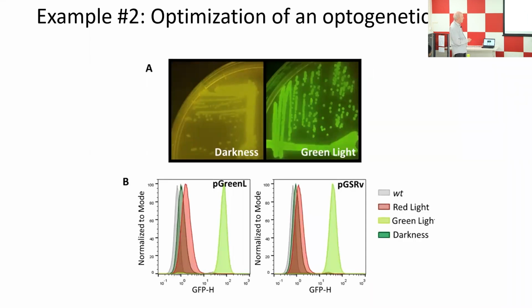In the darkness you see no emission, and when you illuminate the cells, you see that GFP gets expressed at high levels. You can see the difference between non-illuminated and illuminated, and they are very well regulated. So this is a typical case of optimization of a device where you have many different parts at stake, and you don't know how to make them work from a completely rational perspective.